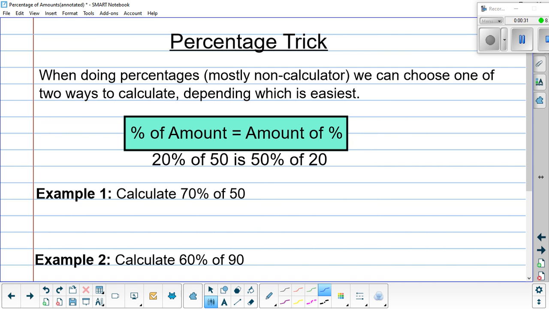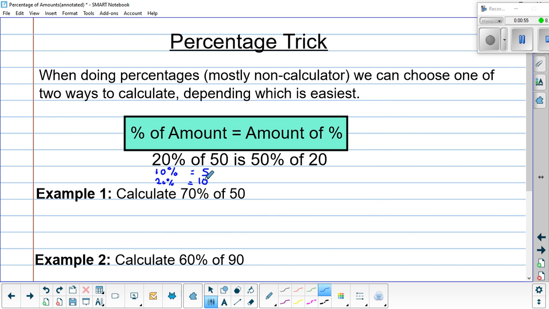So we know that 10% of 50 is 5, right? Sorry, 10% is 5. And so 20% equals 10.